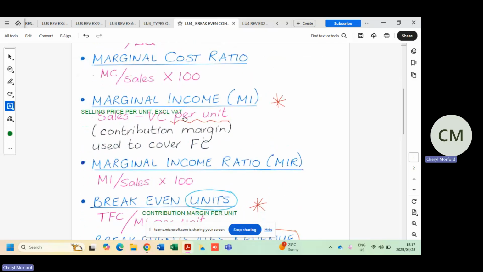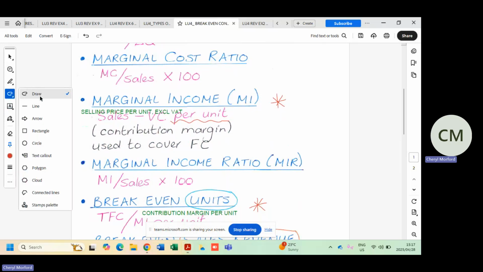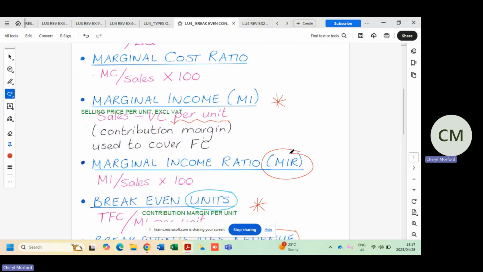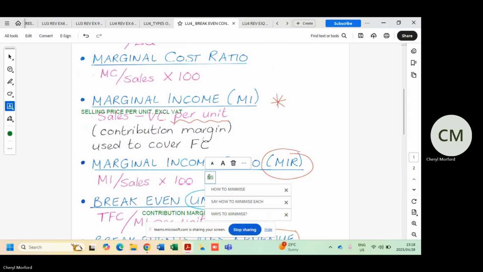We can also have a marginal income ratio, and I will be using this concept in the calculation for break-even. So what is the difference between marginal income and marginal income ratio? It simply is your marginal income as a percentage of your sales. So let me put that in my simpler language. It's your marginal income divided by your selling price times 100 to get it into a percentage.